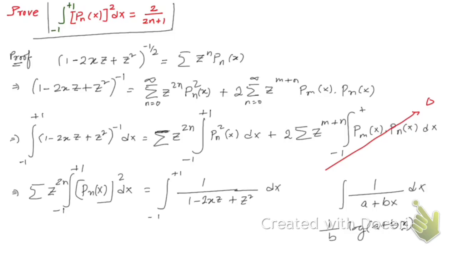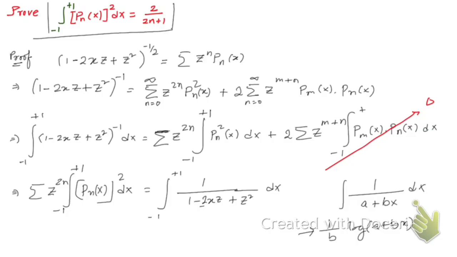Similarly, if you compare this one with this part, here we're going to treat z as a constant as we are integrating with respect to x. So here we treat this part, the 1, as a, and we treat 2z as b, here minus b, if you compare with this result.